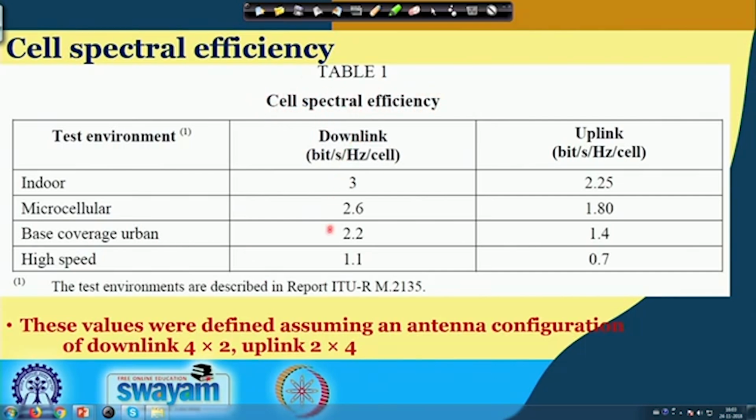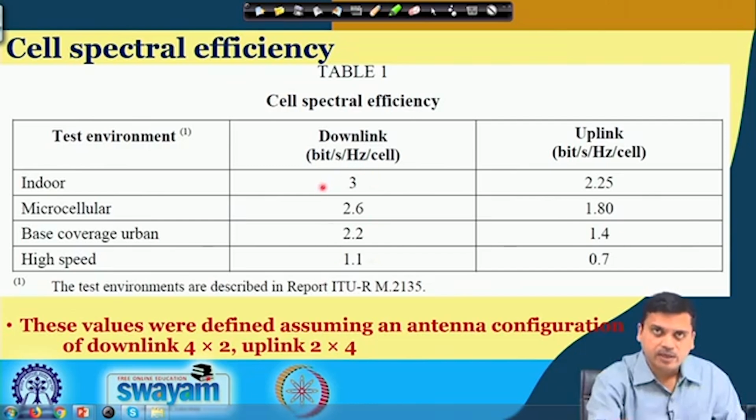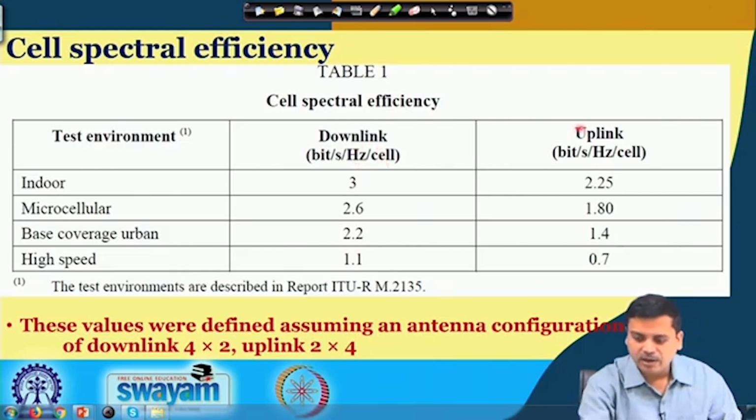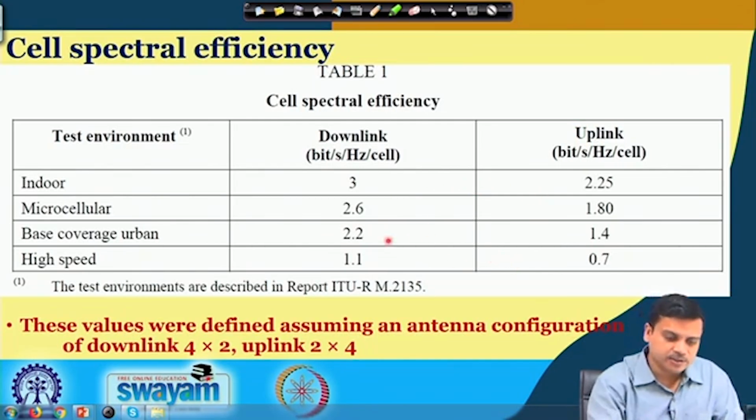These numbers are the downlink cell spectral efficiency in bits per second per hertz of bandwidth per unit of cell, and the requirement is also given for the uplink. As you can clearly see, there is a distinction between the downlink and uplink for several system configuration related issues.